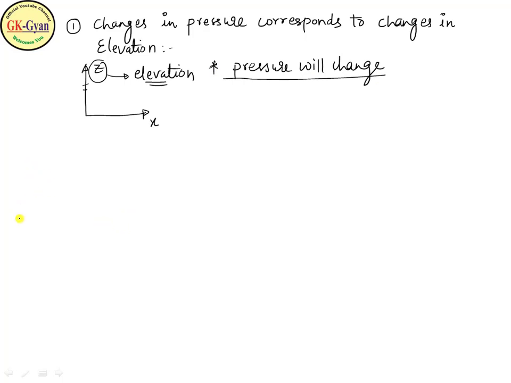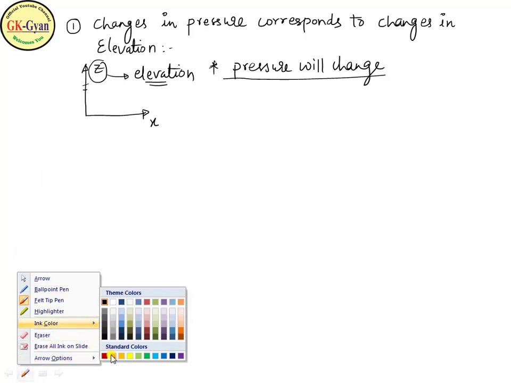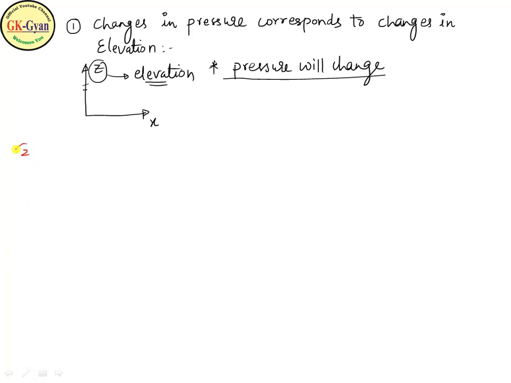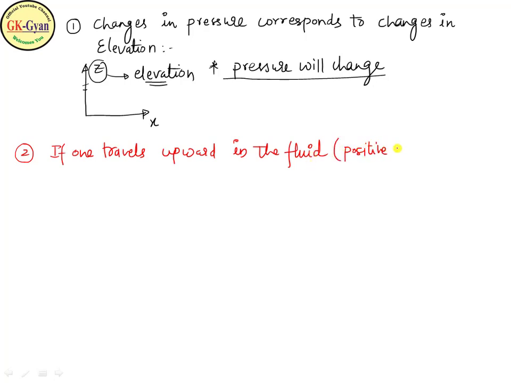Then second, you write down: if one travels upward in the fluid, that is positive z direction, the pressure decreases.